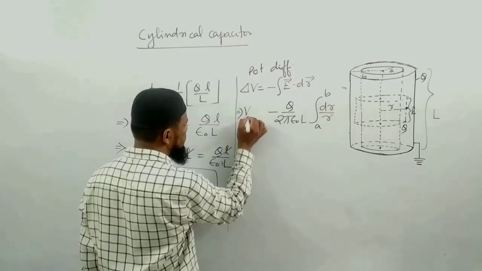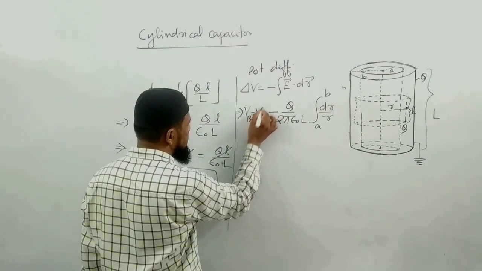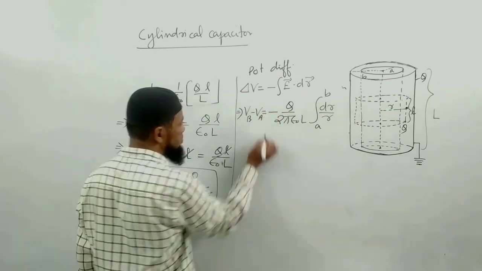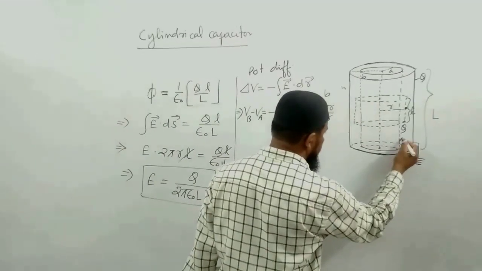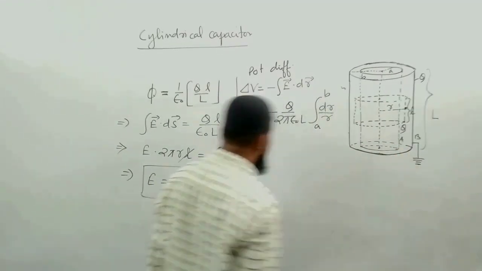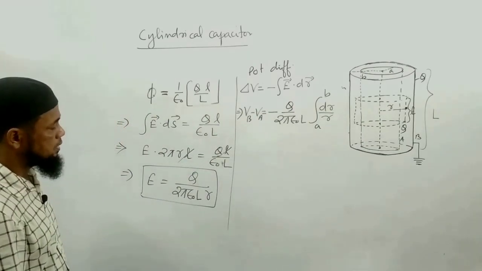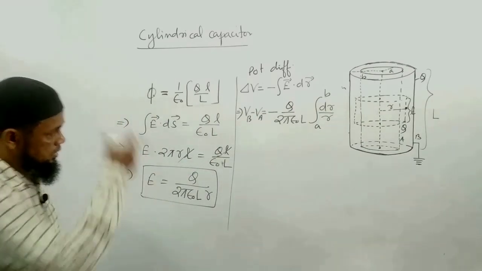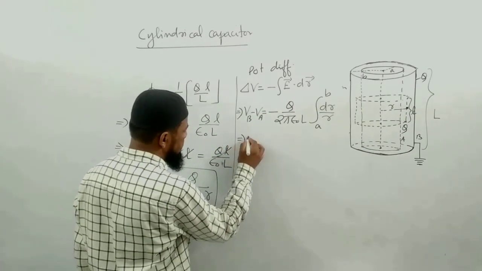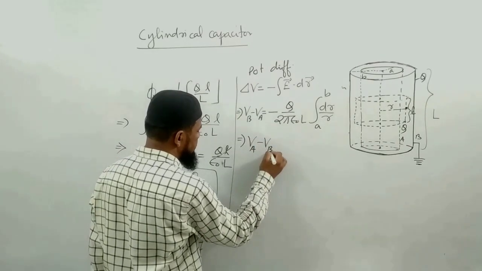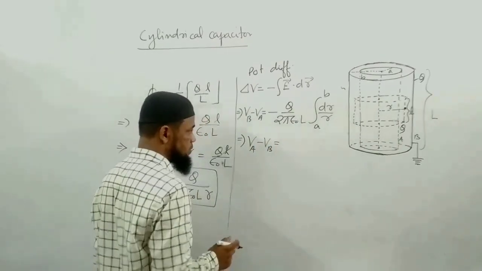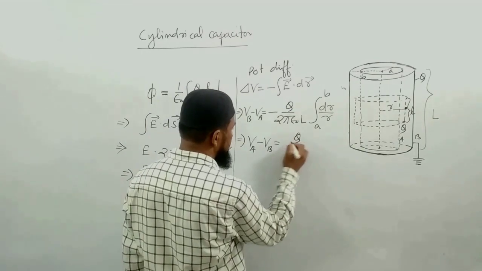So this potential difference is Vb minus Va, if I call the inner surface A and the outer surface B. This can be written as Va minus Vb, because the potential of the outer surface is 0.